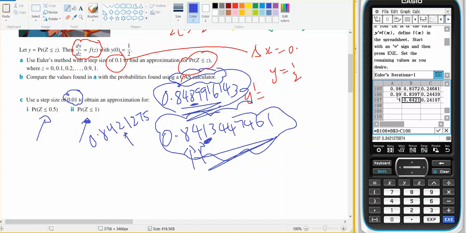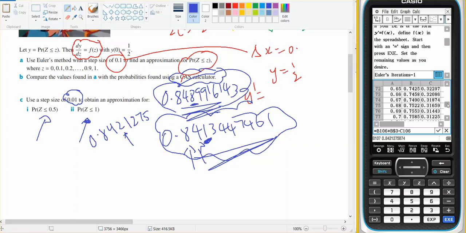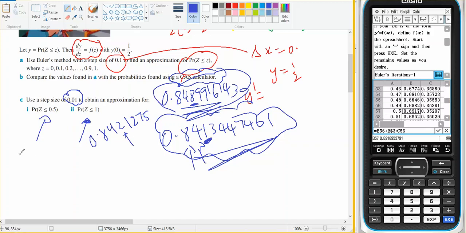And if I'm looking for 0.5, then I would go up to 0.5. So that estimate is 0.6916 9537.